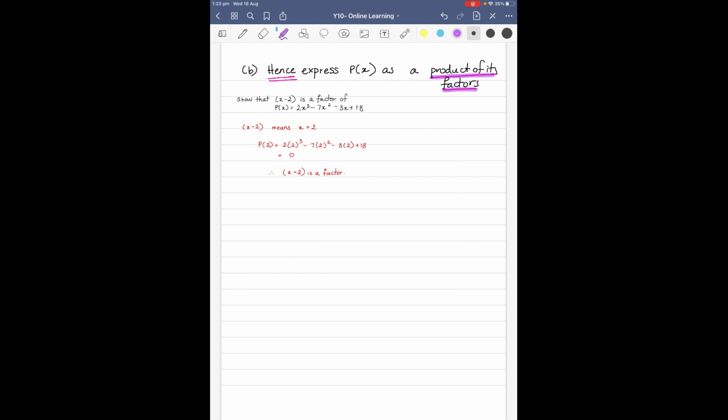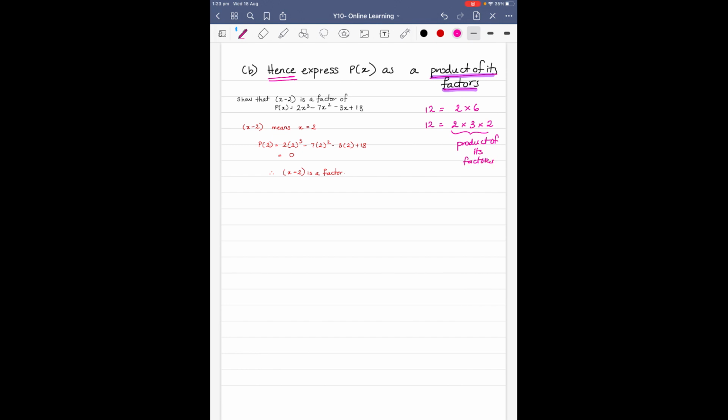So for example, we know for the number 12 we can have factors of 2 and 6 because the product of 2 and 6 gives you 12. Or we can have 2 times 3 times 2, yeah? So these are called the product of its factors.